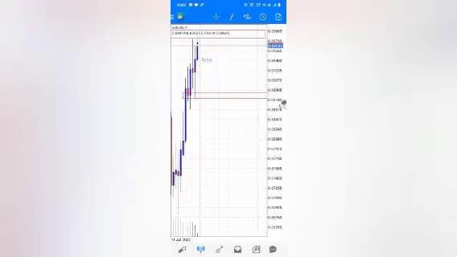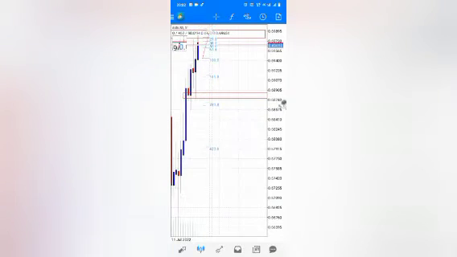If you want to draw it for a downtrend, you draw it from below to up, and for an uptrend, from top to down. Now, this is the Fibonacci retracement from below to the top.